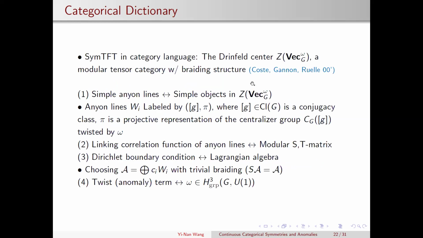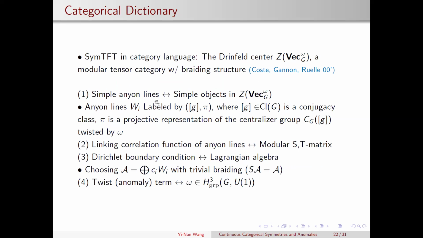What about the SymTFT? In a short sentence, SymTFT equals the Drinfeld center Z(Vec_G^ω), which is a modular tensor category with a braiding structure. So Vec_G^ω is a fusion category, and after you take the Drinfeld center, it becomes a modular tensor category. And we also have the following dictionaries.